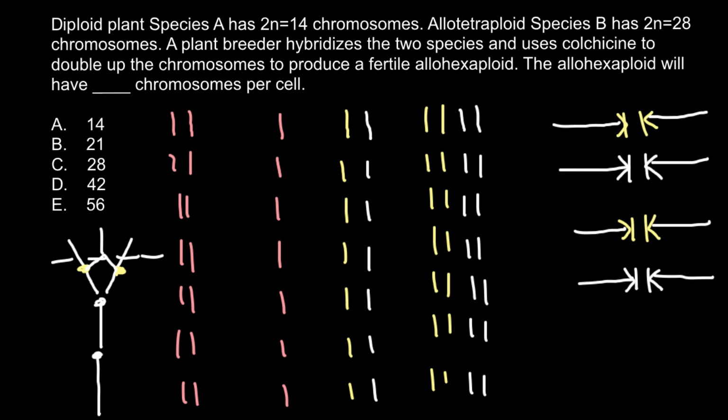Now imagine that because of the influence of this chemical colchicine, these microtubules wouldn't be able to form, and genetic material of the cell would double but would stay in the mother cell. So now instead of diploid organism, we will have tetraploid organism.